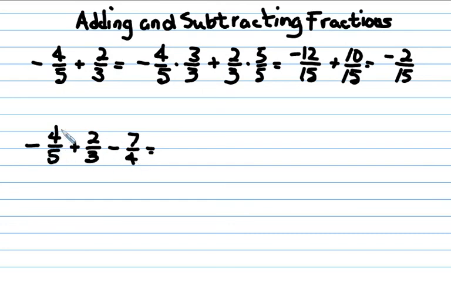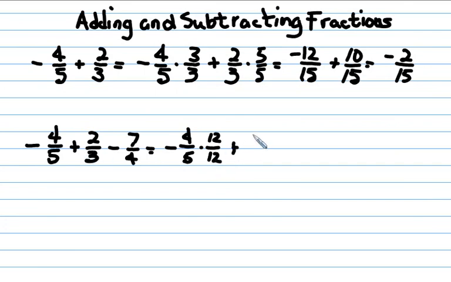Now the same principle holds true when I'm doing more than just two numbers. So we're going to go ahead and do this one. I've got 4/5. And again, it's missing the 3 and the 4. So 3 times 4 is 12. So I'm going to multiply this one by 12 over 12.